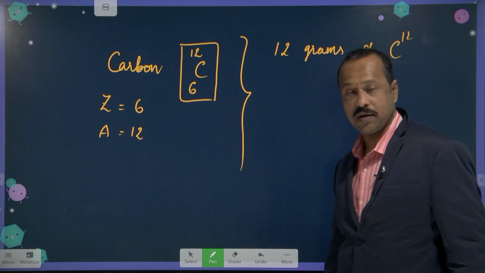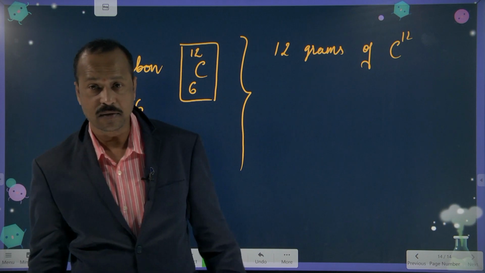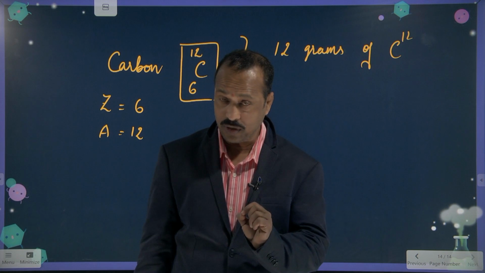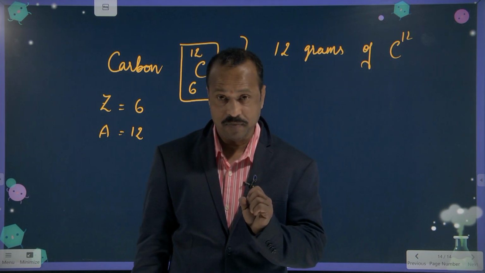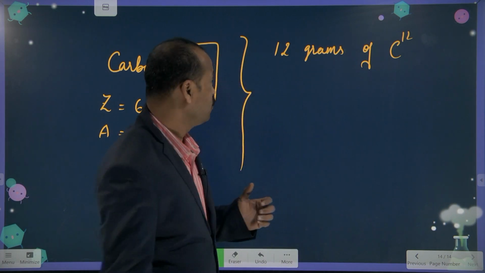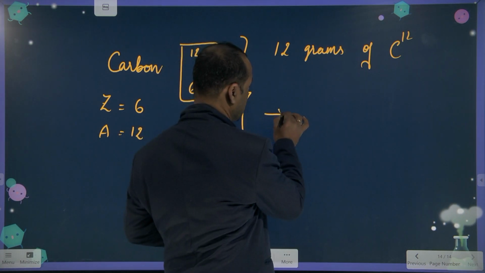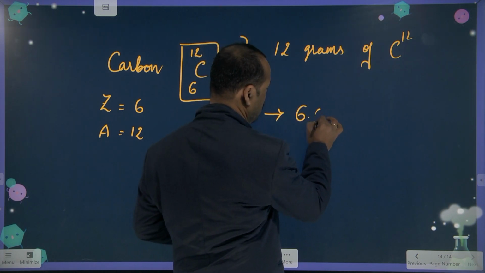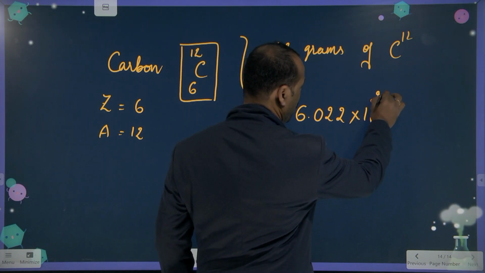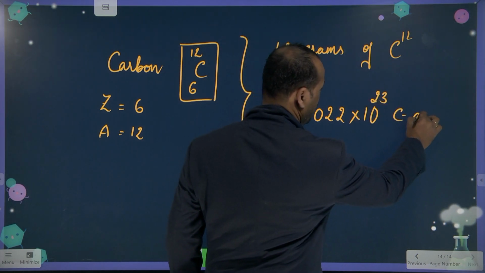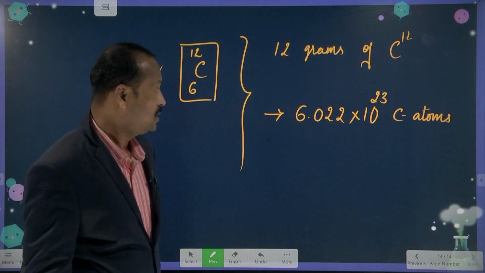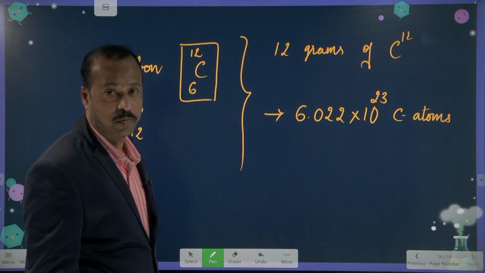When we take this 12 grams of carbon and count the number of carbon atoms present in it, then we say that the number of atoms present is 6.022 into 10 to the power of 23 carbon atoms. How many atoms? 6.022 into 10 to the power of 23.